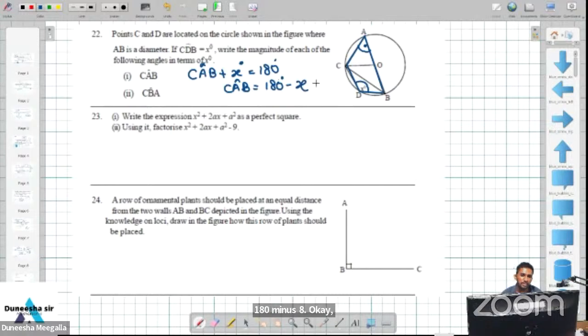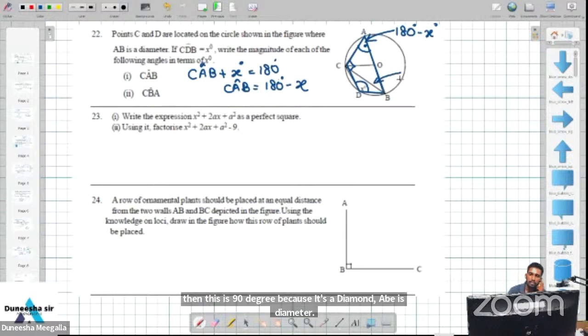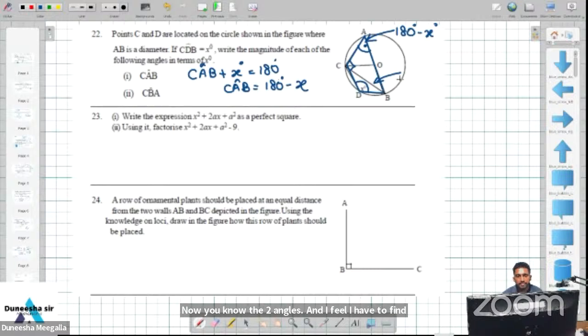Find out the CBA. Can you find the CBA now? This is 180 minus x. Okay, then this is 90 degree because it's a diameter. AB is diameter. Now can you find this? Now you know the two angles. And after you have to find the CBA.